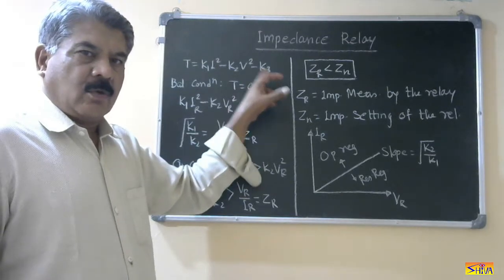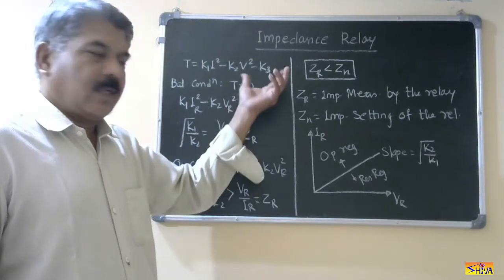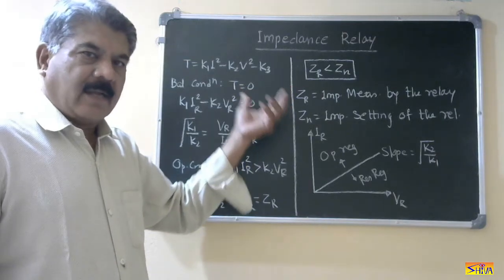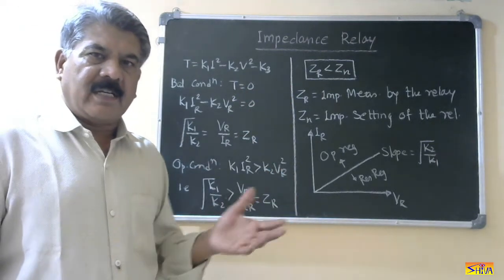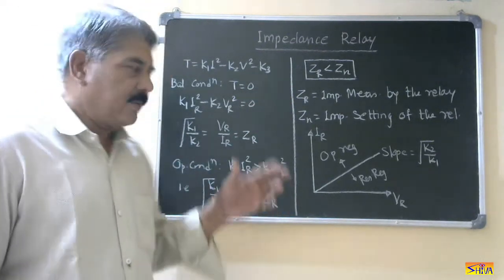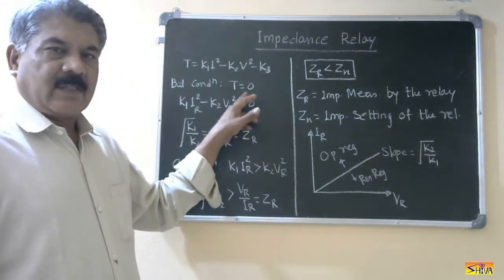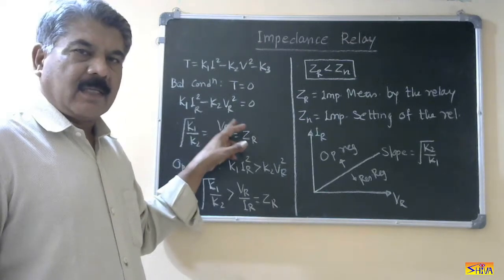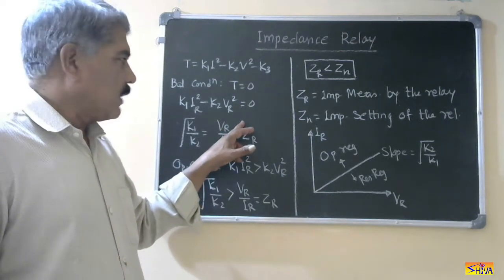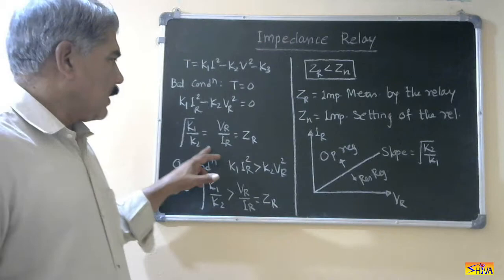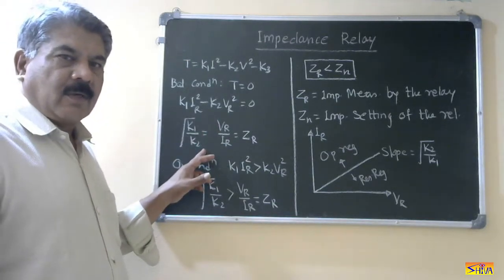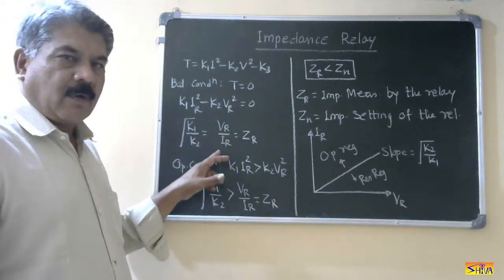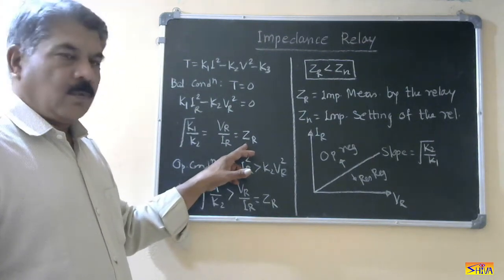Now let us ignore this spring effect, so K3 will be 0, and consider the balance condition, that is relay is just on the verge of operation. So balance condition is torque is equal to 0. So it is K1 IR square minus K2 VR square equal to 0. So we get square root of K1 upon K2 is equal to VR upon IR is equal to ZR.